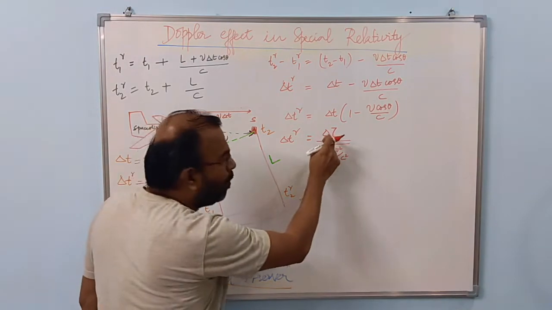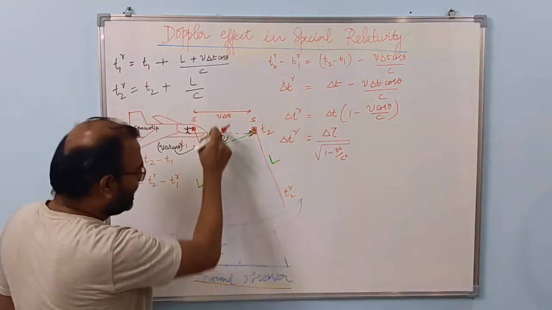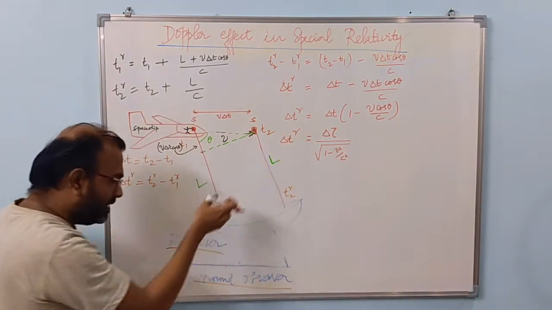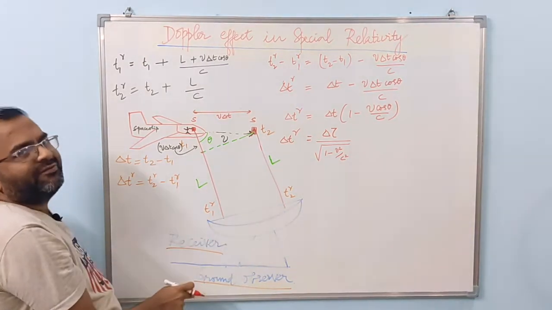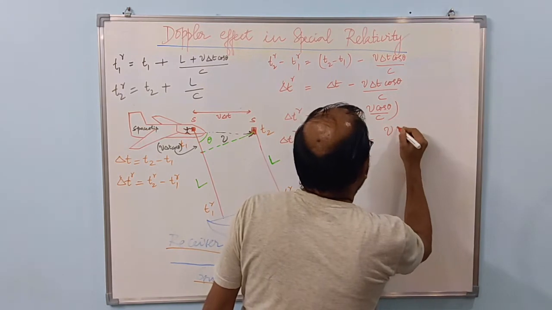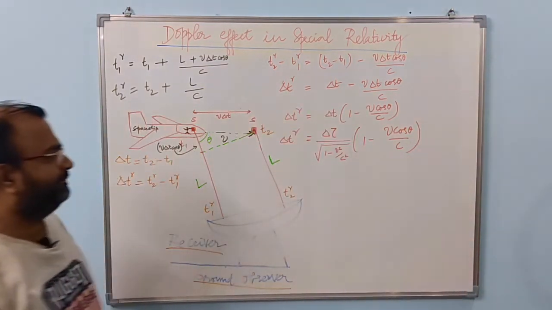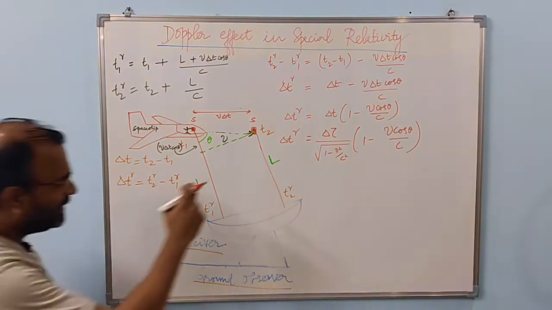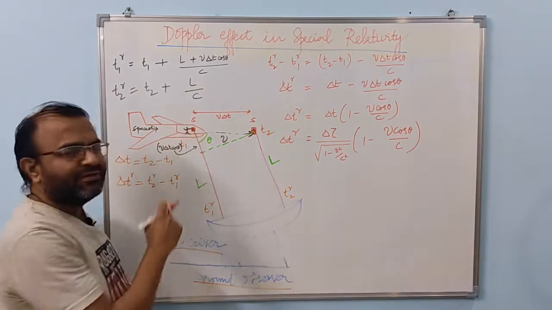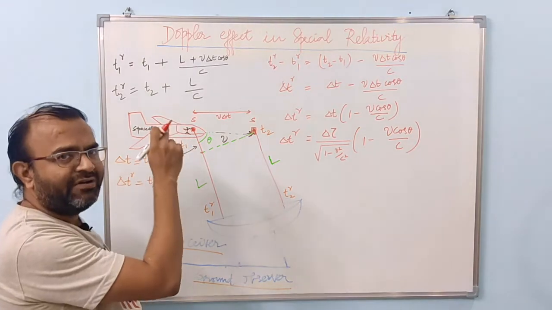So del tau is a proper time for the spaceship, del t is that time measured by the ground based observer, and del t to the power r is the proper time for the ground based observer for his measurement of the signal as he receives it. So the rest of the terms is going to remain the same. Now this particular time del tau in the frame of reference of the spaceship is linked to the frequency of the wave in that particular frame of reference.